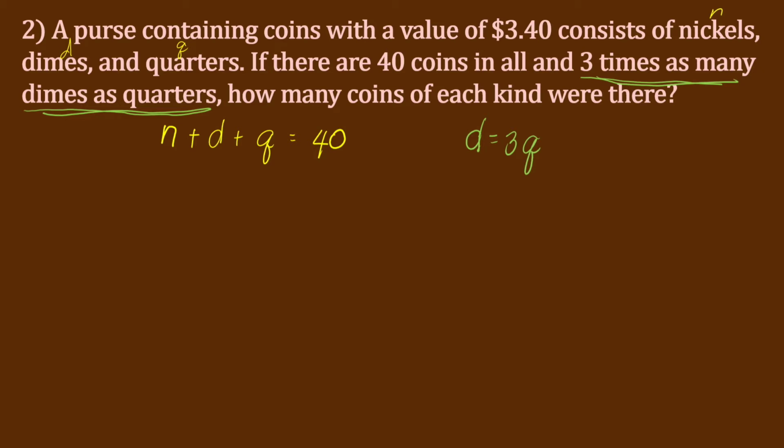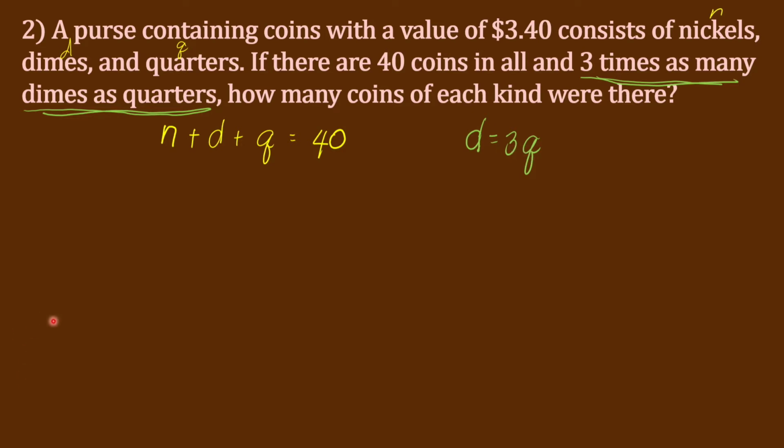Alright? So let's remember this kind of phrase when we encounter it later on. 3 times as many dimes as quarters. So we can see that this is equivalent to 3 quarters equals dimes, or D equals 3Q.